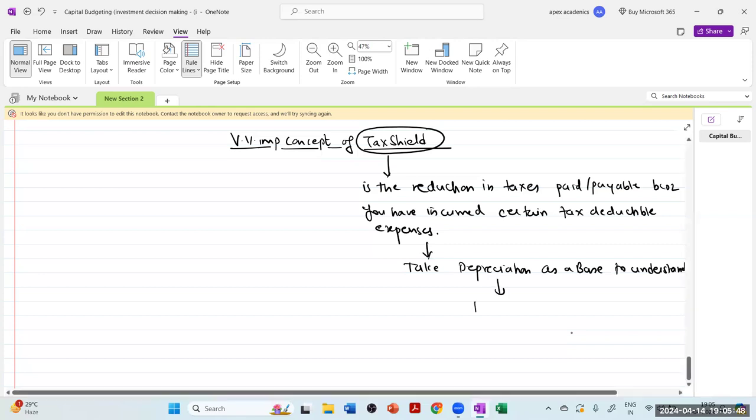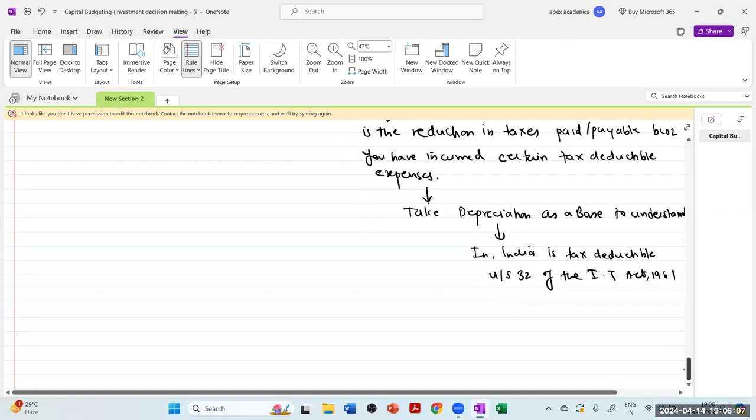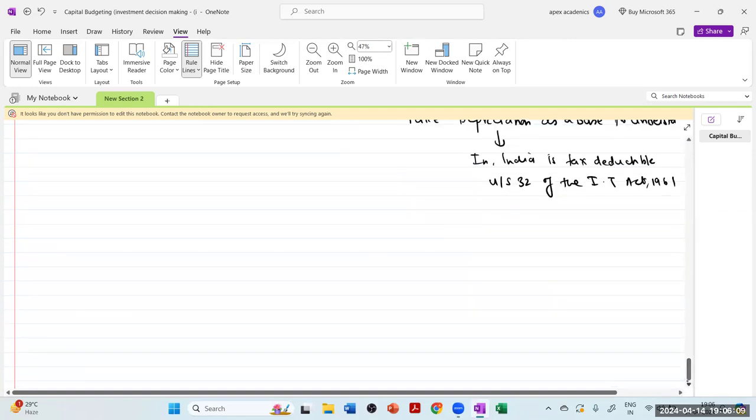Now, depreciation in India is tax deductible under section 32 of the Indian Income Tax Act of 1961. Now, what happens because of depreciation? Let us see.